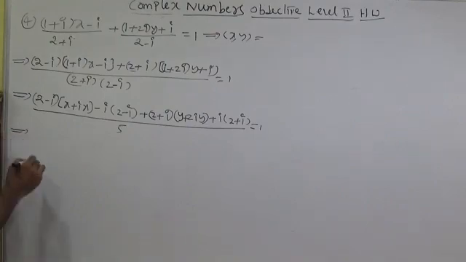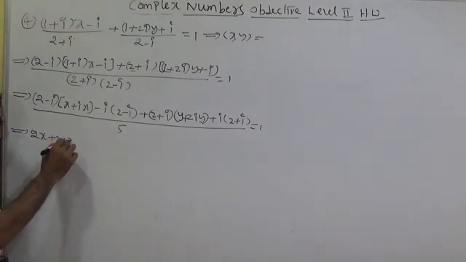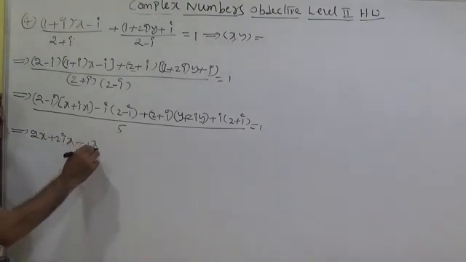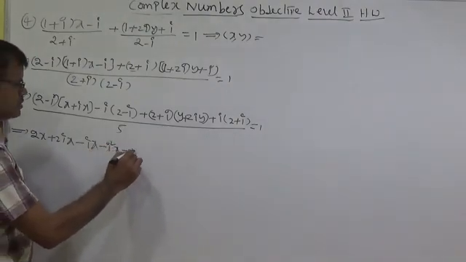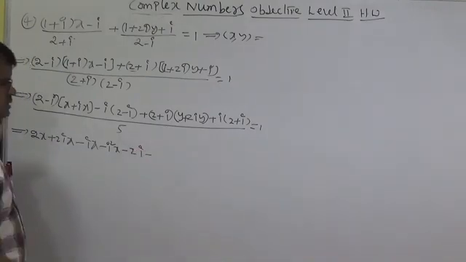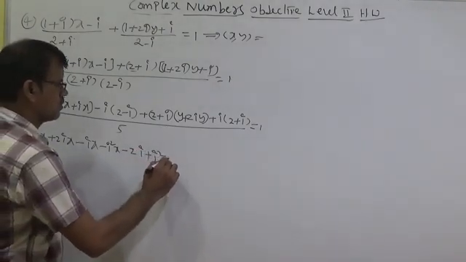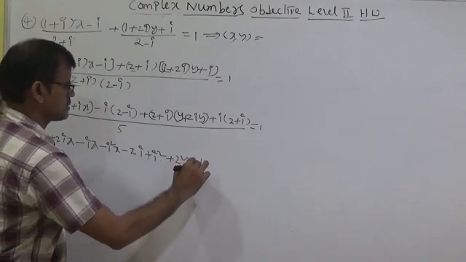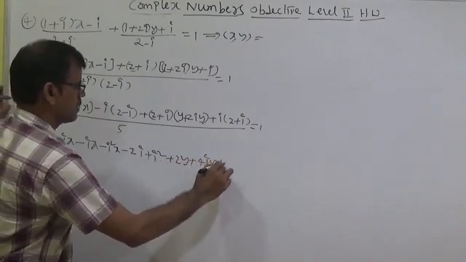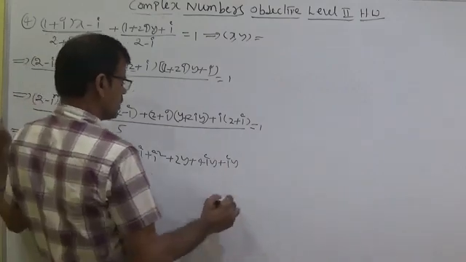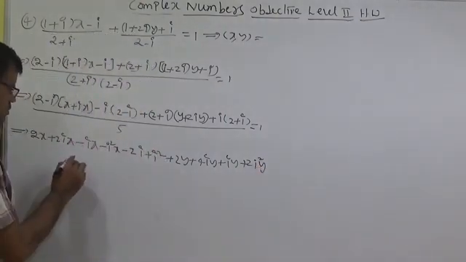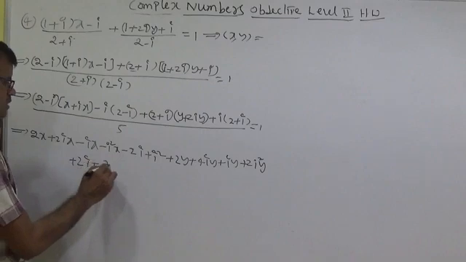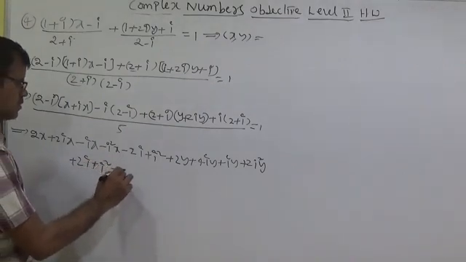That implies multiply term by term. It becomes 2x plus 2ix minus ix minus i square x, minus 2i, minus of minus plus i square. This is 2y plus 4iy plus iy plus 2i square y plus 2i plus i square, equal to 5.